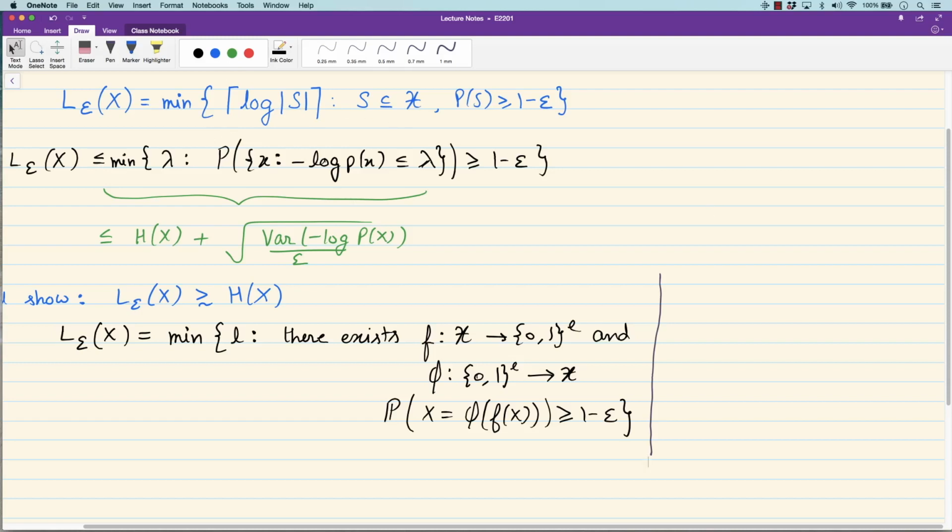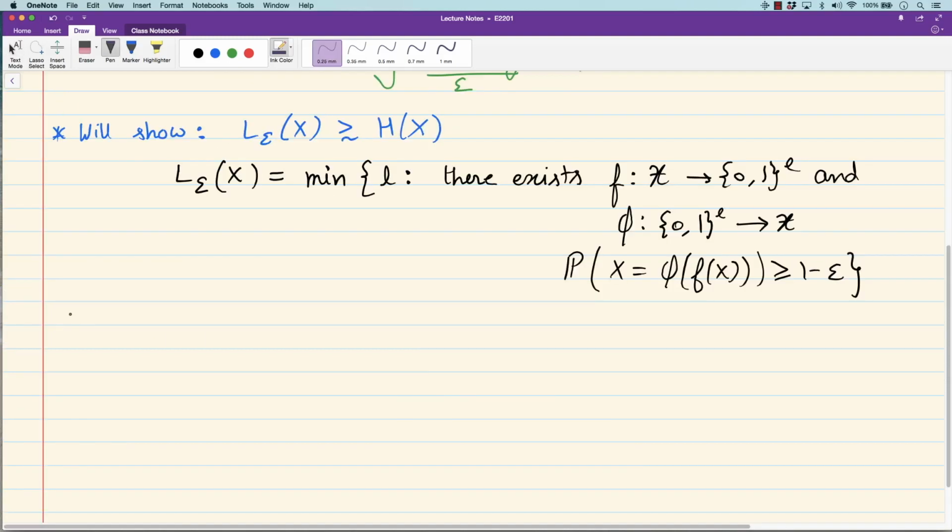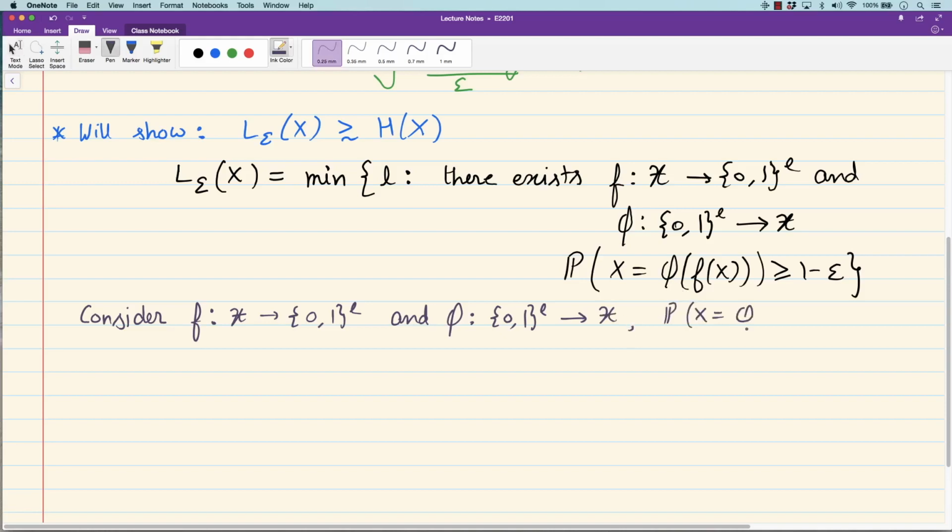So how do we show that? First consider any mapping f from x to L bits and another mapping phi from L bits to x, and of course we assume that x equals phi of f of x with probability greater than 1 minus epsilon.